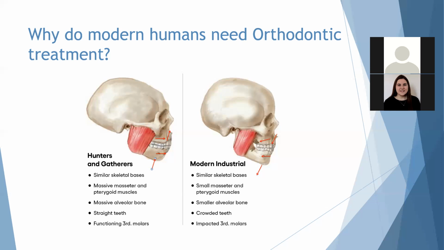And I was actually looking at this piece of writing from someone who worked at a museum, and they said that they work with thousands of ancient skulls from all over the world, and they were saying that the skulls from the last few hundred years are filled with cavities and infections.